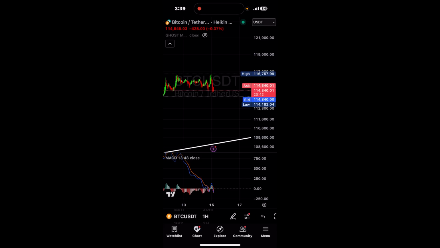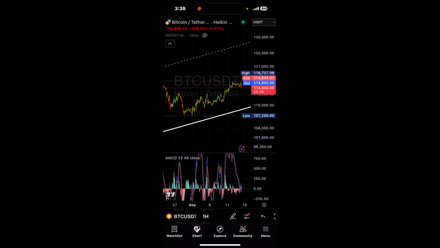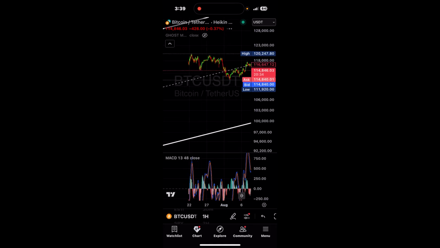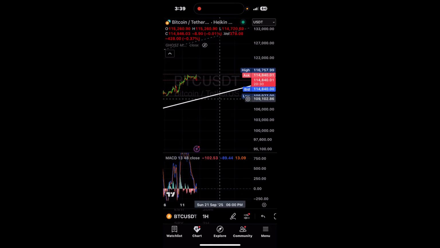Right now, we know that on the daily, if we zoom out as much as we can, you're on an ascending channel upward. As long as it does not break this line on the daily, more than likely we're going to see a reversal coming around here.